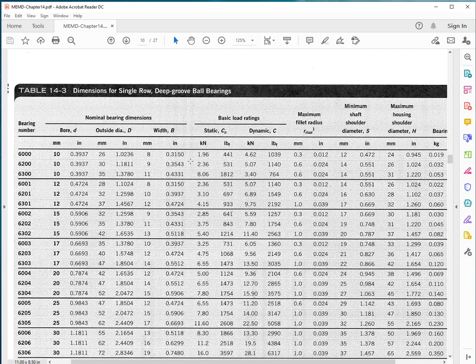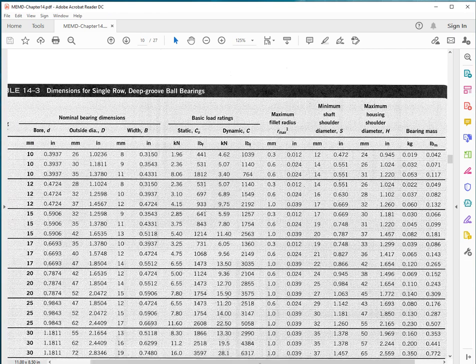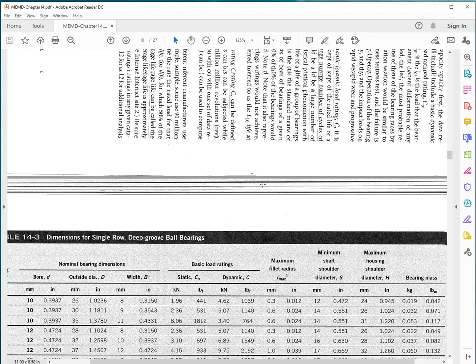Also listed here in this table, other than geometry, is the bearing mass, and recommendations based on the fillet radii.